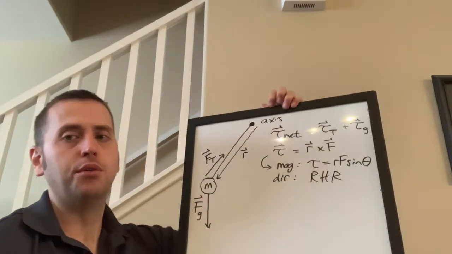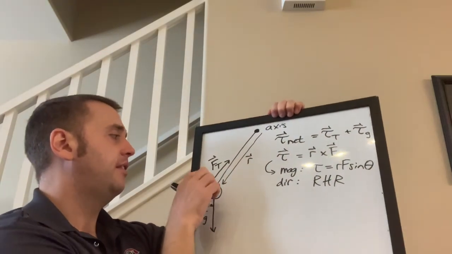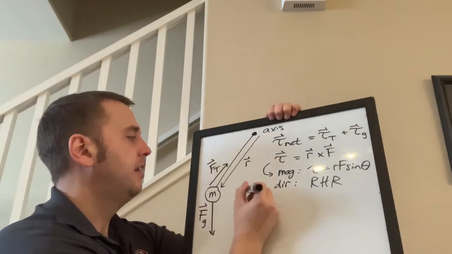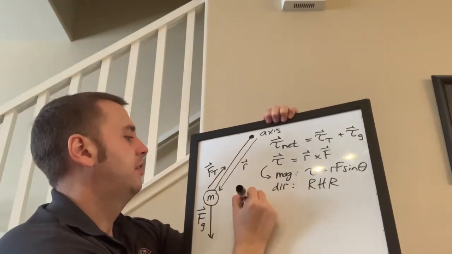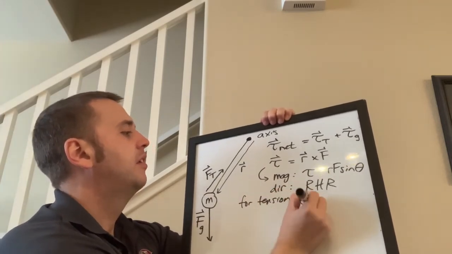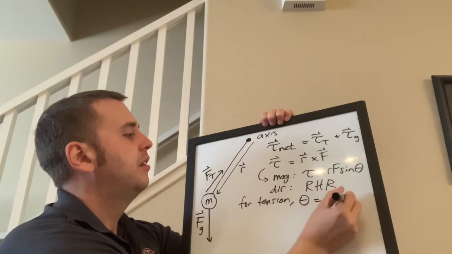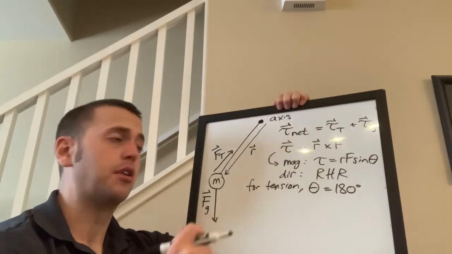So right-hand rule. Okay, so the thing about the tension is that the angle between the tension and the R vector is 180. And if you take sine of 180, as we said before, you get 0.